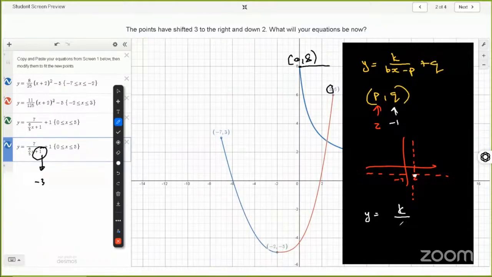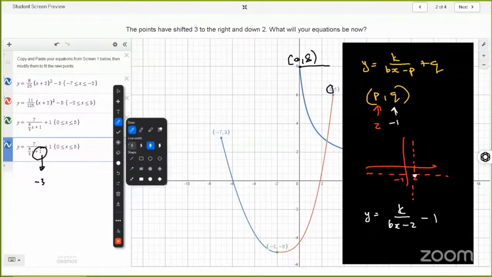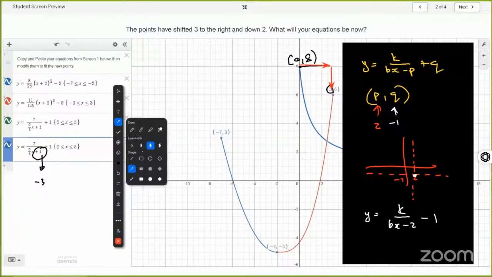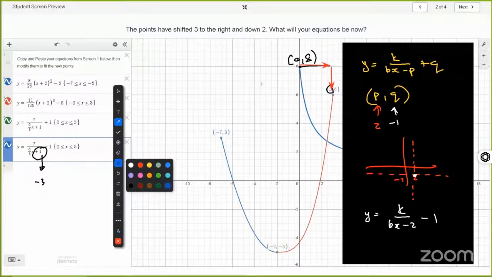So y equals k over b(x minus p). Remember it's b(x minus 2) minus 1. And that's what happened as well with my transformation. I shifted it 2 units to the right from this point, just looking at the single point. Alright, 3 units to the right and 2 units down. That's the transformation. Horizontal shift right is what I got here.